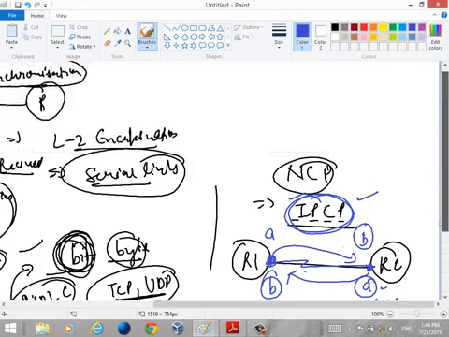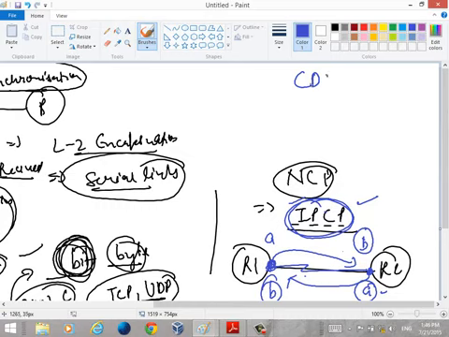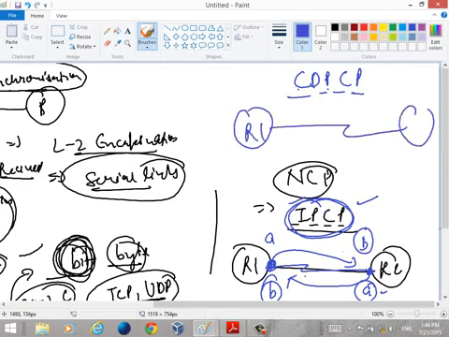Second thing is CDP-CP, Cisco Discovery Protocol Control Protocol. Now, as the connection is established, R1 will send its CDP information to R2 and R2 will send its CDP information to R1.